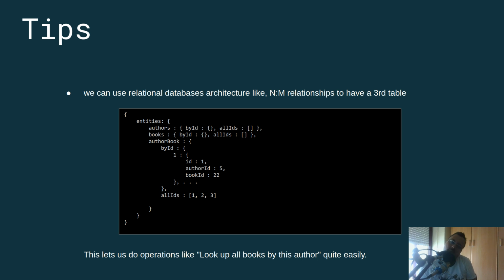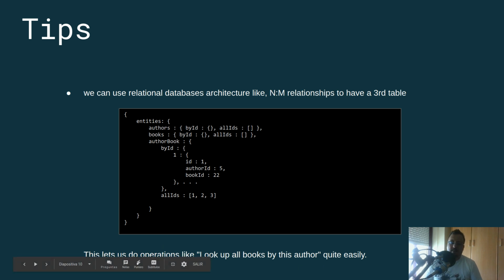So for example, if we have authors and books, and one author can have many books, and one book can be written by more than one author, we have this many-to-many relationship, so we can build the third table, the author book, that relates author ID and book ID.